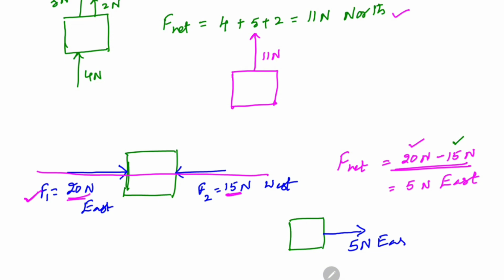This is the net force. Very simple. Clear, children? So when two forces are acting in the same direction, we add them simply. If the two forces act on the body in the opposite direction, we subtract them. Simple. Now let's see a few more examples.